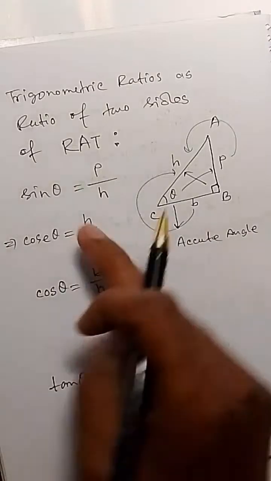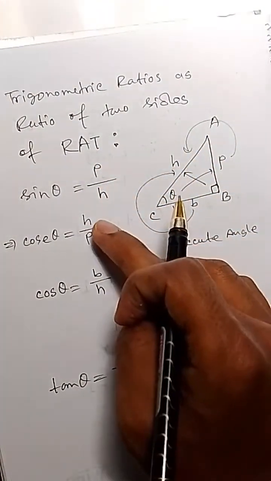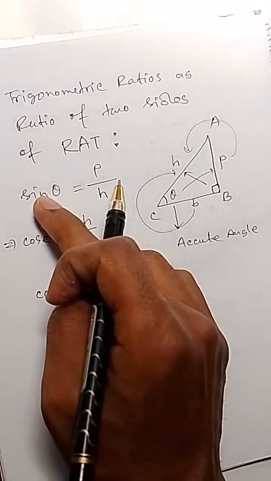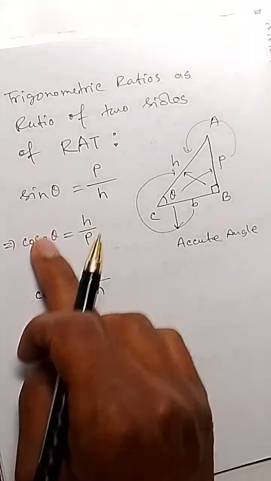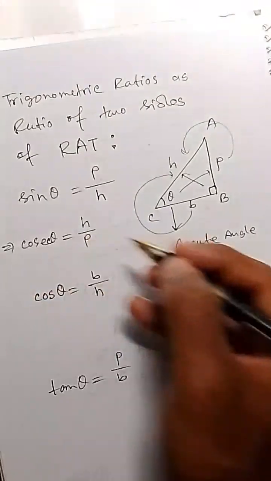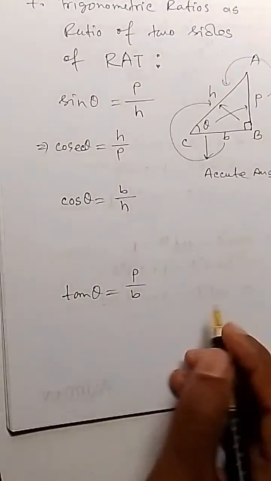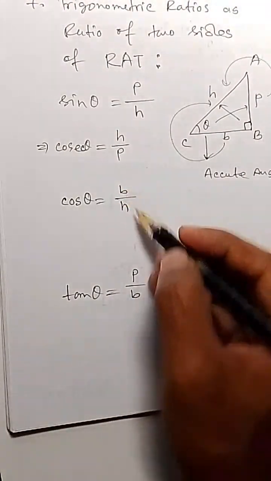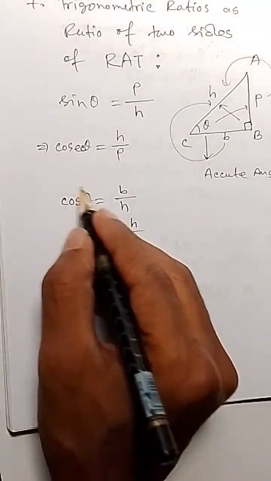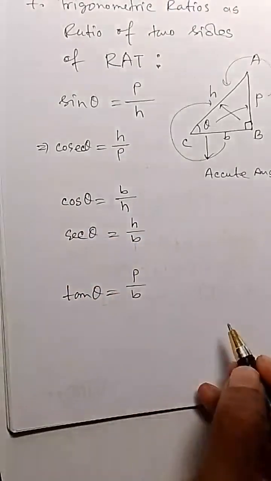So if you flip perpendicular by hypotenuse as hypotenuse by perpendicular, then you have to change sine theta to cosec theta. And similarly, if you flip base by hypotenuse as hypotenuse by base, then for cos theta its opposite is sec theta, right?